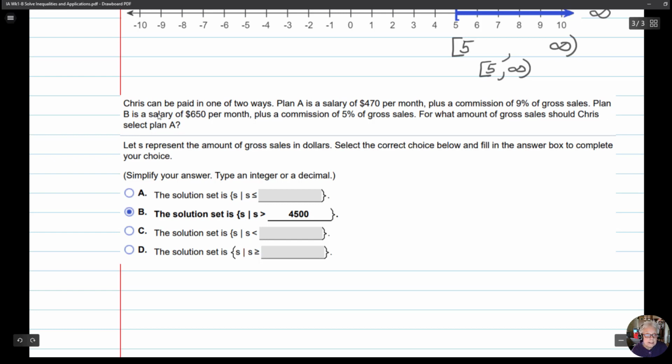Plan B is a salary of $650 per month, plus a commission of 5% of the gross sales. Now this is A, and this is B. For what amount of gross sales should Chris select Plan A?